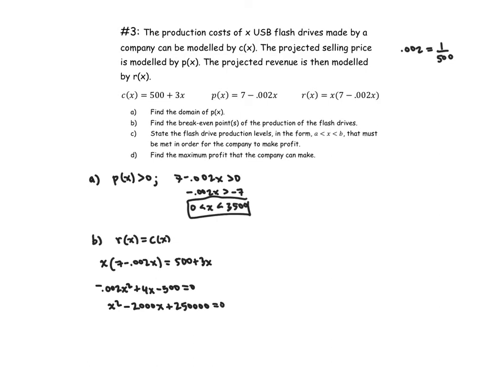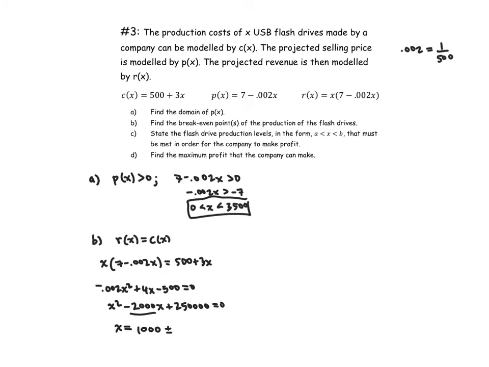Unfortunately it's not factorable, so using the quadratic formula, I get the opposite of b over 2a. So negative 2,000, the opposite of that is 2,000 over 2 times 1. So I get 1,000 plus or minus, okay, b squared is 4 million minus 4ac, which is minus 1 million.